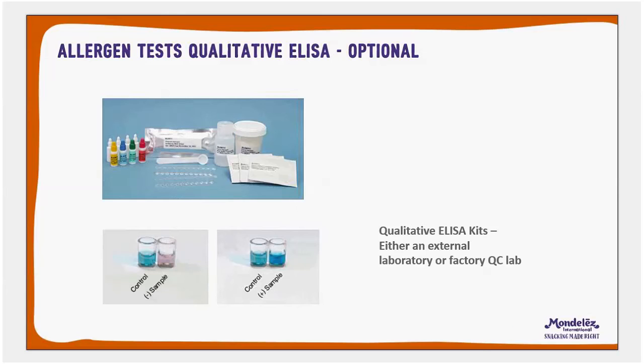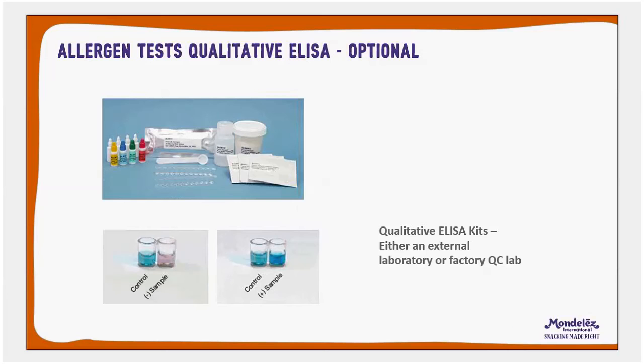They're still based on an antibody-antigen interaction, but as you can see in the two pictures at the bottom, you'll have this one positive control sample, and when you're testing your unknown against that control, you are just looking visually to see, are they darker or lighter than the control sample.